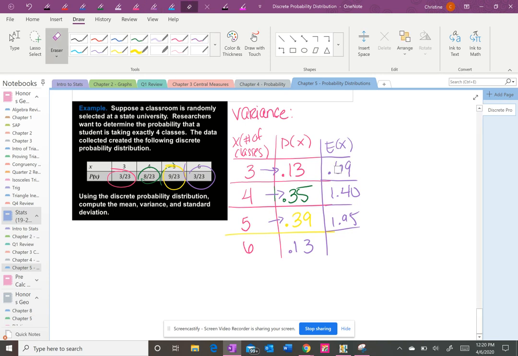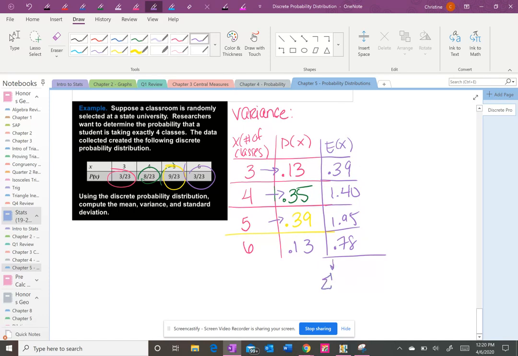This is 0.39. And then this is 0.78. Okay, so your expected value was the sum of this entire column.